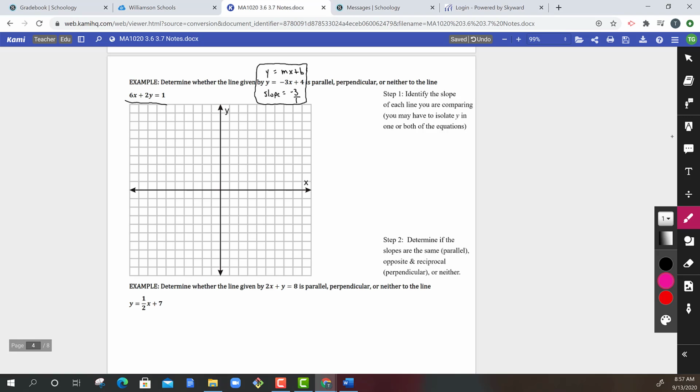The other one is 6x plus 2y equals 1. So this one we need to isolate the y variable. I'm going to subtract 6x from both sides, remembering to write the term with the x first to keep it in slope-intercept form, and then dividing all three terms by 2.